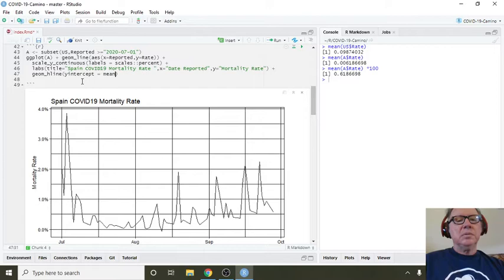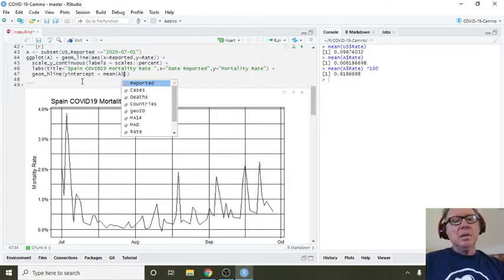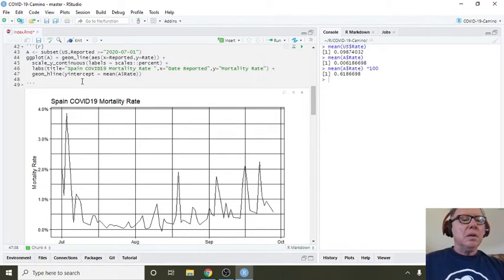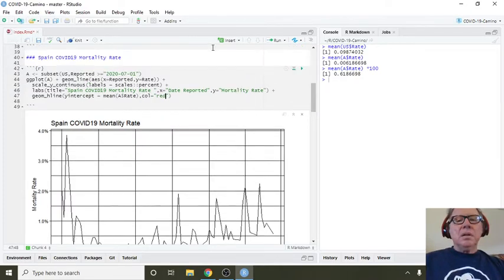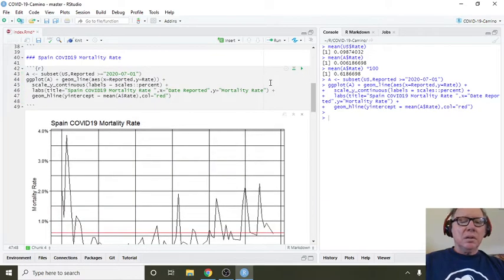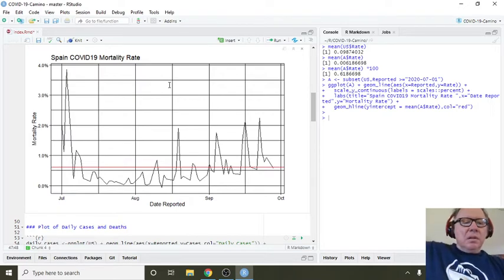Let's try this. Okay, there we go. Now, well, it's above the average, just 0.6%.